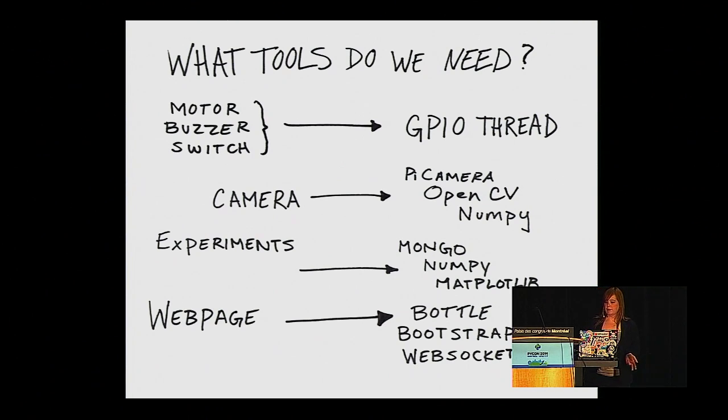To run the experiments, I have NumPy, which just does some analysis, Mongo, which stores all the data, and matplotlib. You can build Mongo on a Raspberry Pi. I'm just going to warn you, it takes like 12 hours, and it doesn't really work well, but it does run. And then finally, to display everything, I just used a simple Python Bottle app and some Bootstrap and a couple of WebSockets.